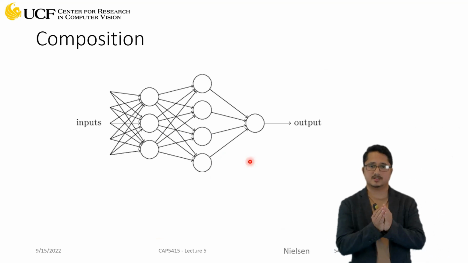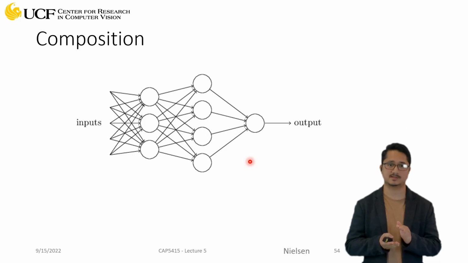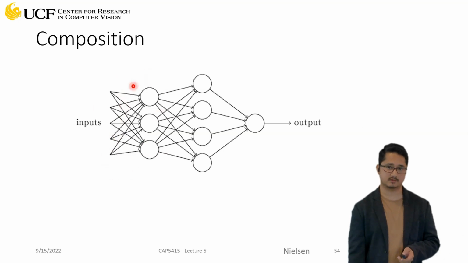Now that was just clubbing different perceptrons together. But of course, what you can do is you can perform composition of these different sets of perceptrons. And each set is called a layer. In this case, let's say you have this as input, and this is your input layer. You have 3 perceptrons here. And whatever output you get from these perceptrons, you can add one more layer of these perceptrons.